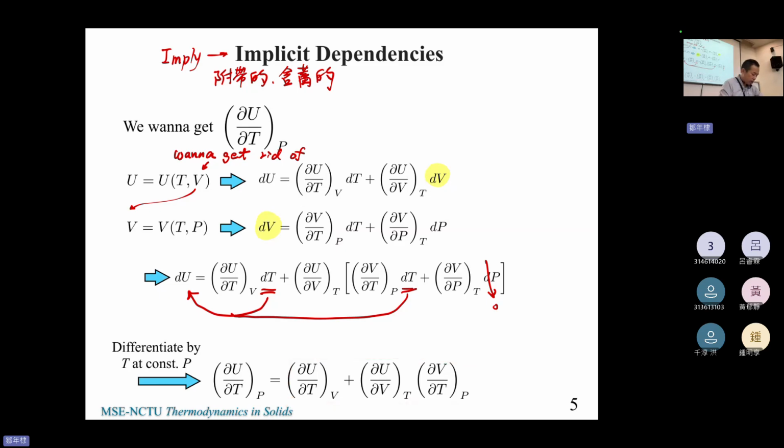So you can decompose this partial U partial T. If you don't know how to measure this partial U partial T at constant P, you can transform it into partial U partial T at constant V, and so on, at constant T and constant P, right? So you find that actually this slope can be decomposed into other things.